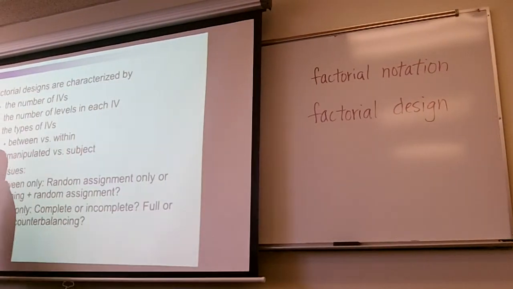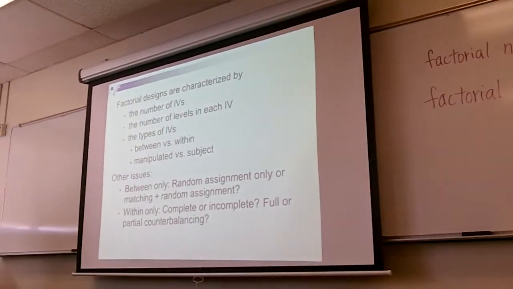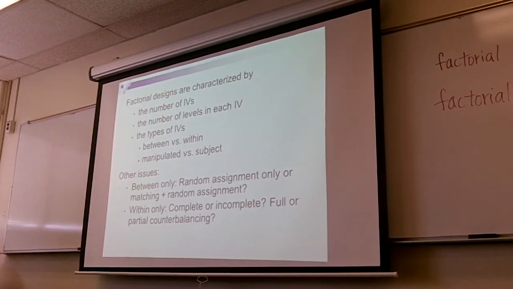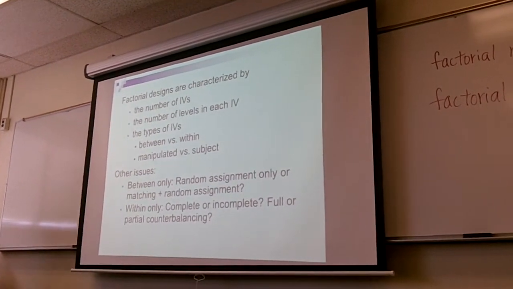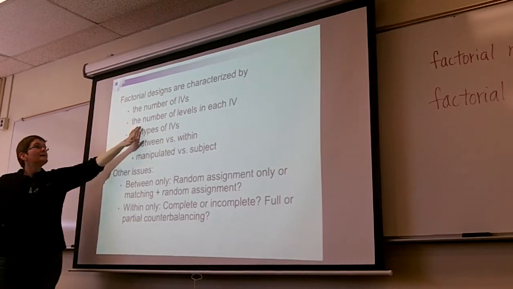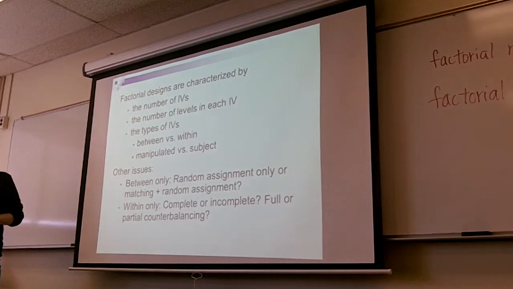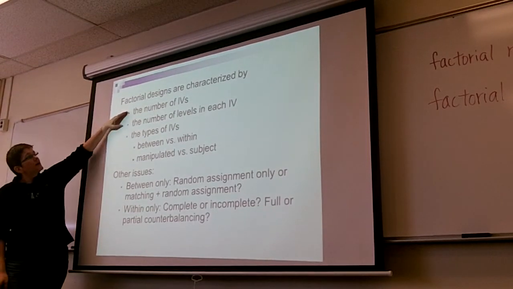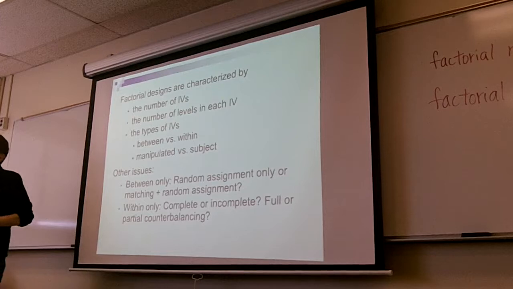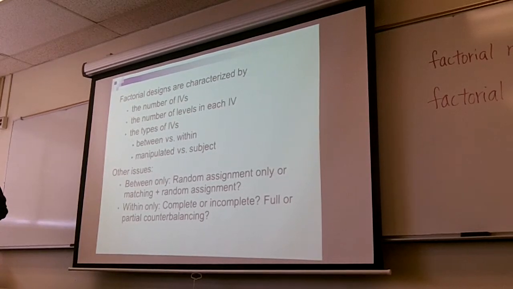So the number of IVs is important for the notation. Okay, we're going to talk about what goes into the notation in a second. The next part is the number of levels in each IV. So these 2 things, the number of IVs and the number of levels in each IV, those are represented in the notation.